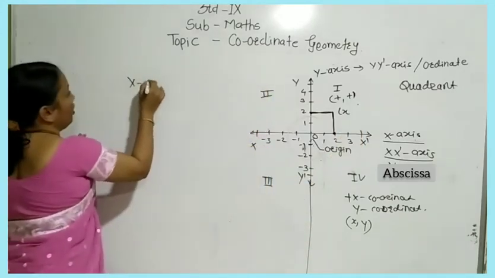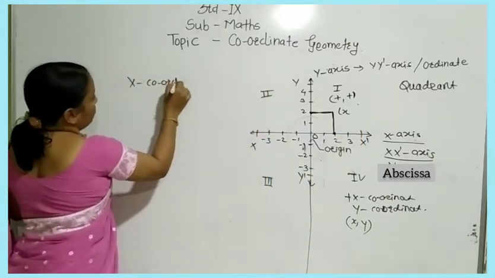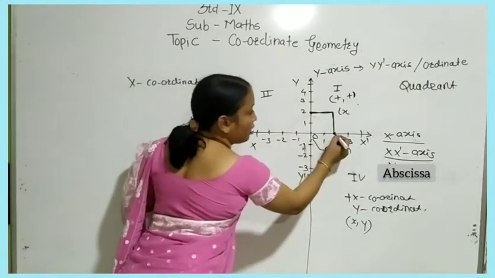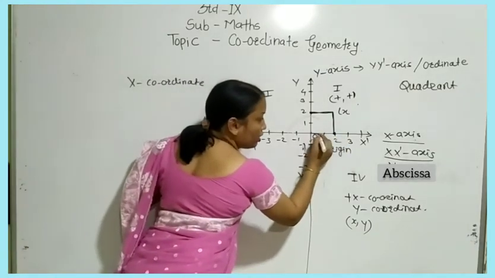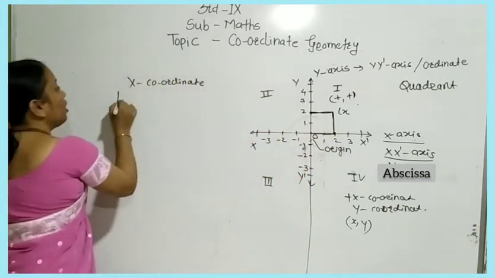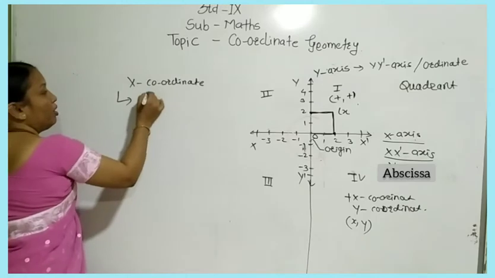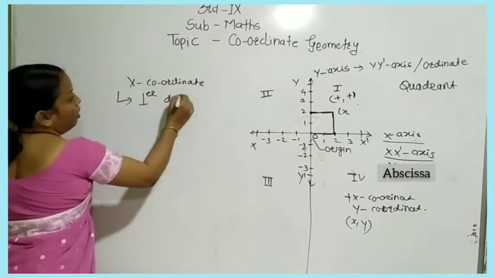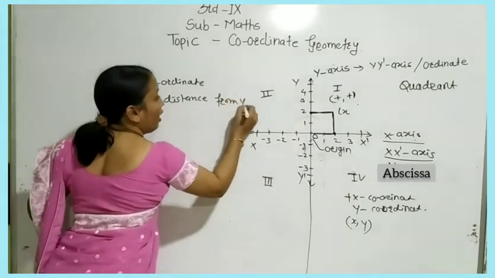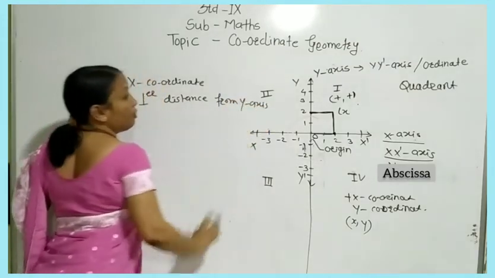The x coordinate of this will be 2. Now what is this distance? This is the perpendicular distance from the y axis. So x coordinate is nothing but the perpendicular distance from the y axis. That you have to keep in mind.